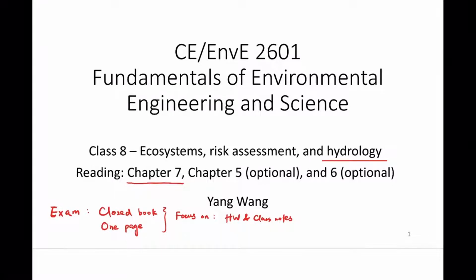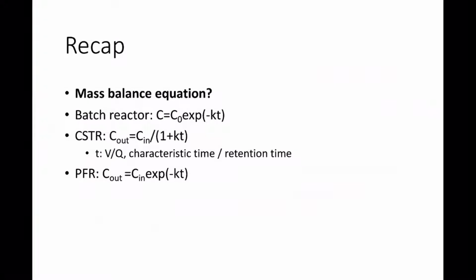So, a quick recap of our last class. Last class, we mainly learned about the mass balance. We talked about different reactors, and we gave some example problems to see how we can apply these properties to different types of reactors.